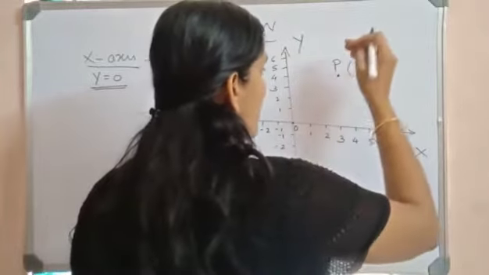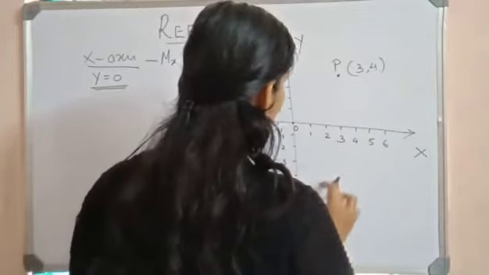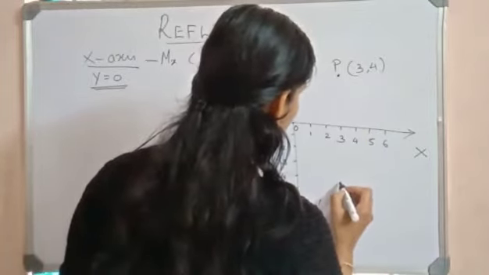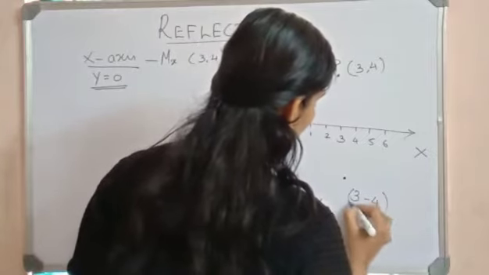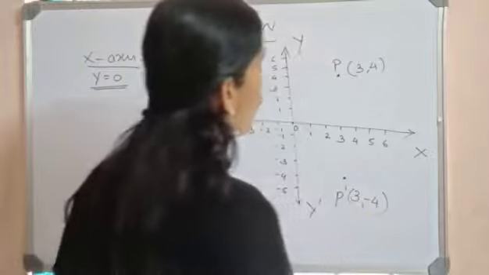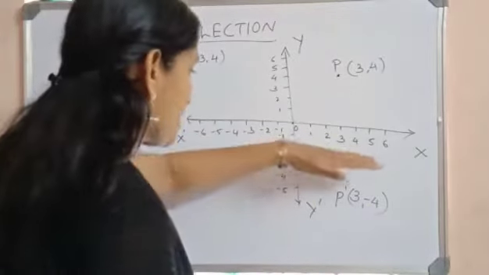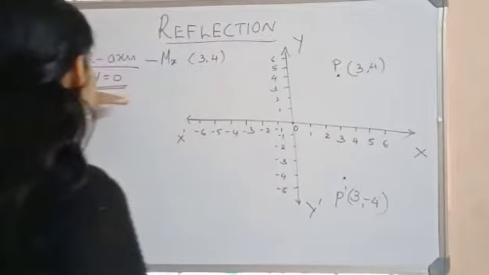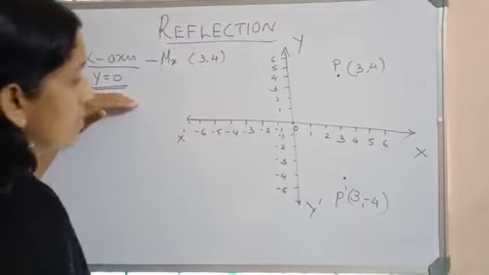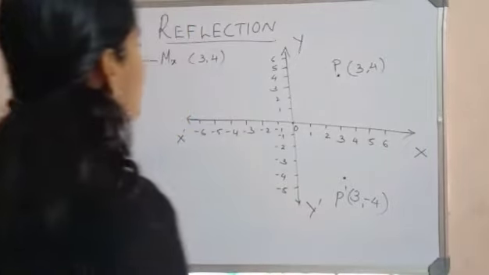The point P gets reflected and we get an image P dash at (3, -4). This is the image of P when it is reflected in the x-axis, that is, in the line y equal to 0.